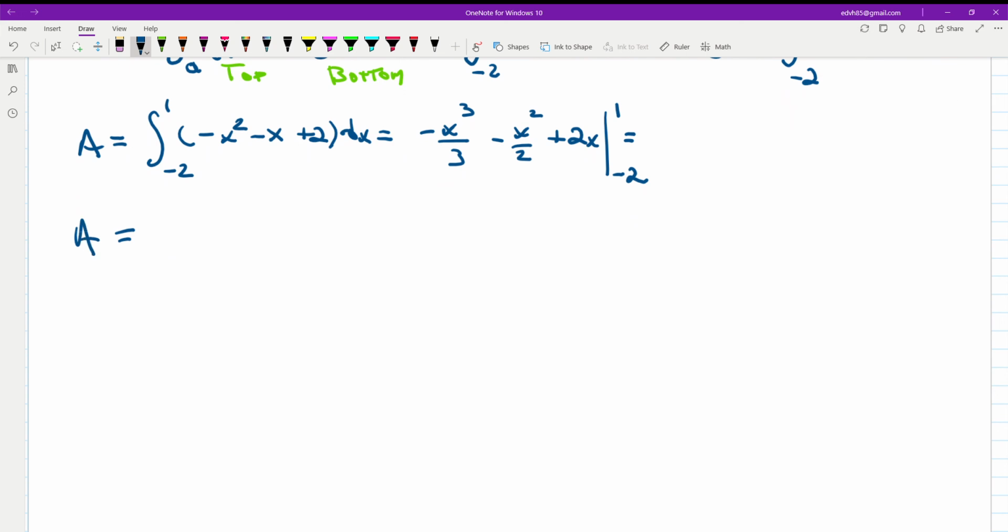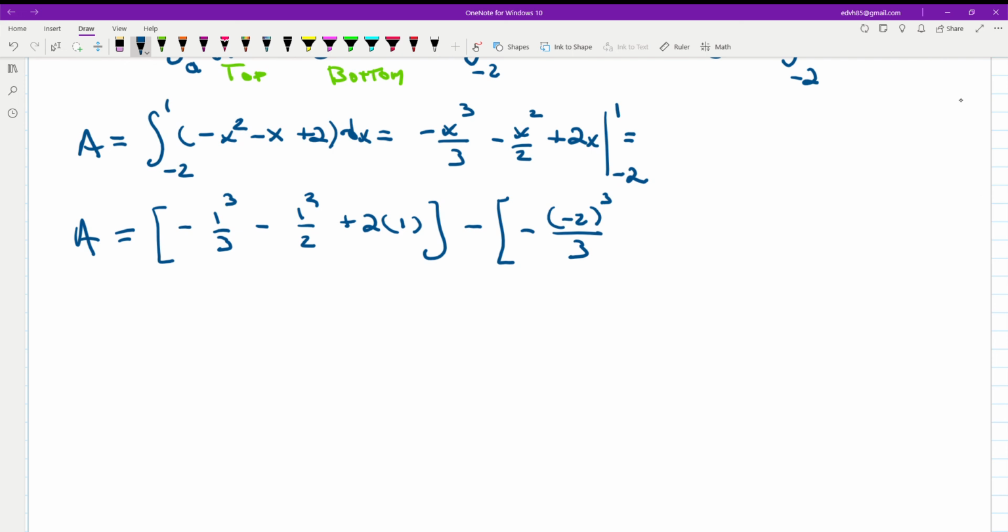So area equals, so -1 cubed over 3 minus 1 squared over 2 plus 2 times 1, minus -2 cubed over 3 minus -2 squared over 2 plus 2 times -2.